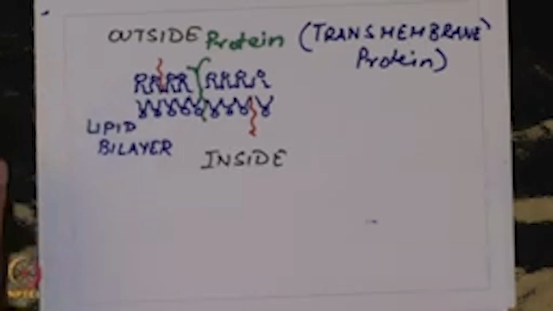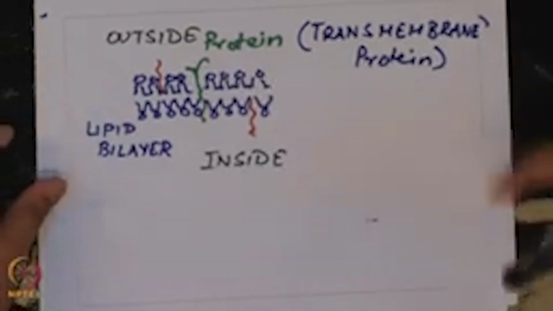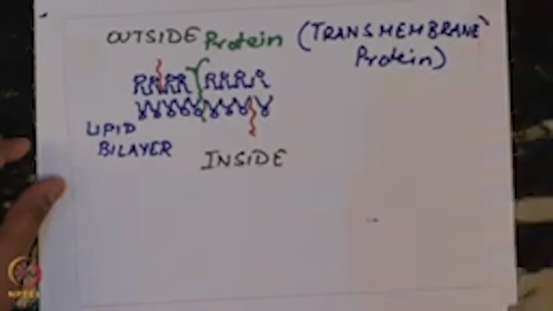So, these transmembrane proteins are the ones which actually interact with the extracellular space. The extracellular space might have other proteins or molecules secreted by other cells and they are freely diffusing in the extracellular space.